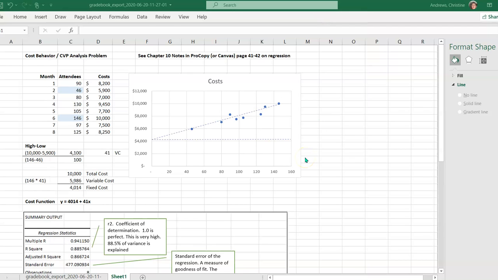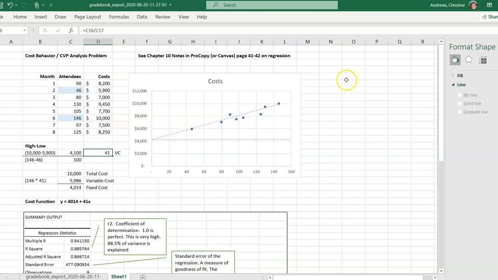So let's do that and see what this looks like. Here is our data, and our high number of attendees was in, I think, term 6, and then the low was 46. So we can do a high-low method here: $10,000 minus $5,900 gives me a change of $4,100, and 146 minus 46 is 100.